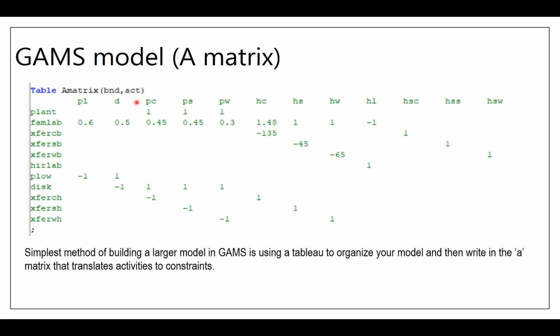And then the A matrix then doesn't include the objective equation, it just includes all the constraint coefficients. And so across the top I have all of my activities, ACT, and down the side I have all of my boundaries or my constraints, B and D.